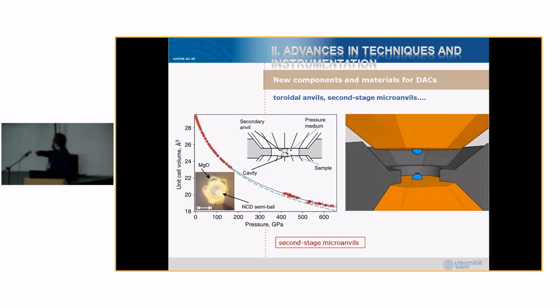And you have basically between your two anvils these two extra very small anvils, which are only a few tens of microns in size, because you don't have much more space here in the center of your diamond anvil cell. And in this case, the sample is just this red particle here. That's the sample that has been used for this experiment. So it's very tricky to play around with this.